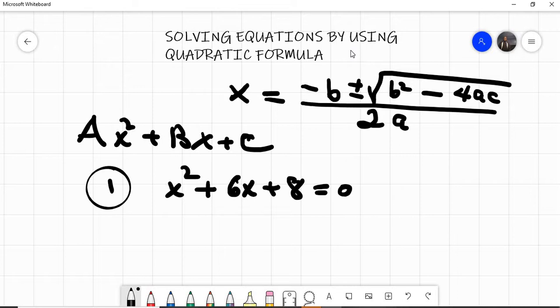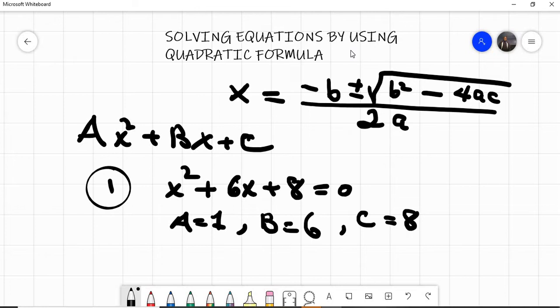So then we're gonna mark what's our a. Our a is 1, and then our b is 6, and then our c is 8. And then these given parts we're gonna substitute into this formula, and then we go from there.